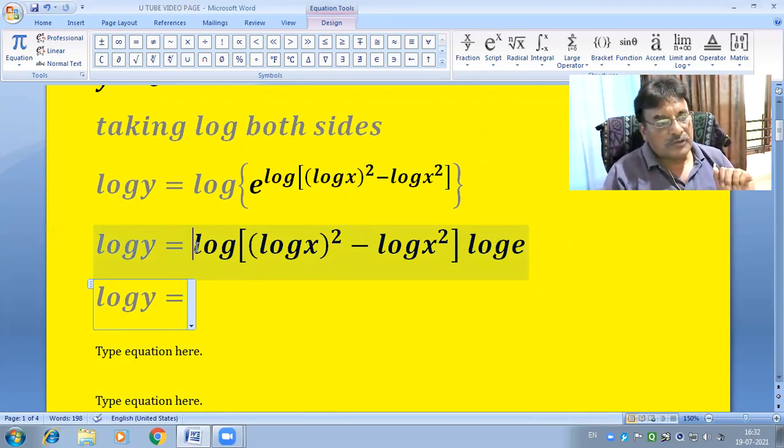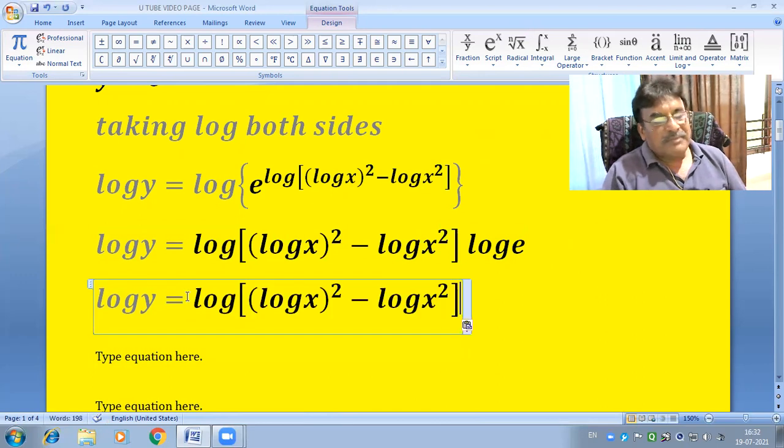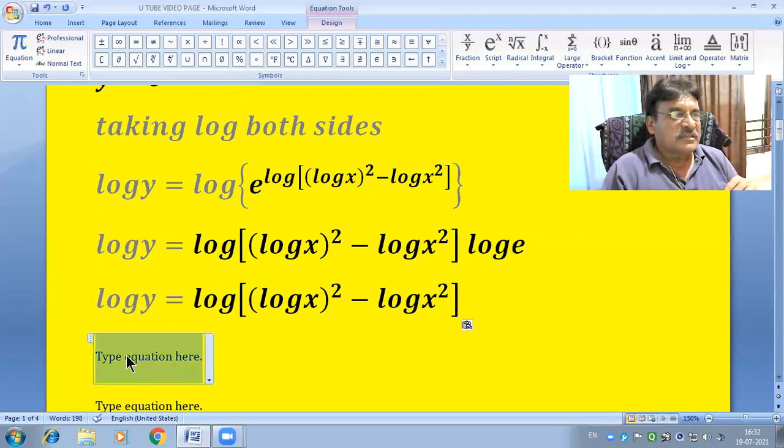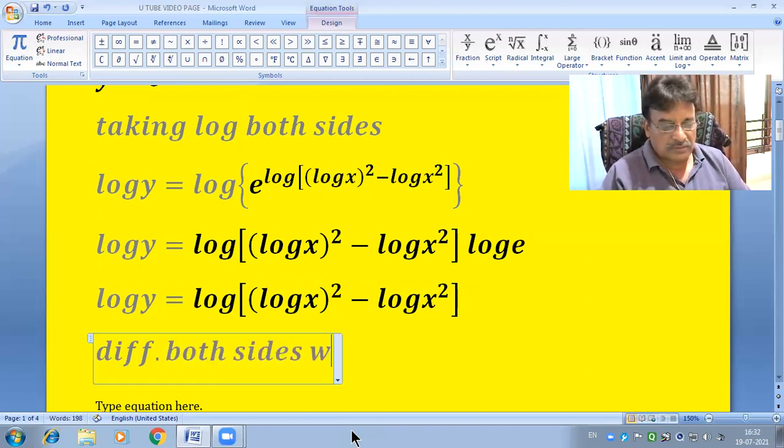So 1 into this function. So we get here log of in bracket (log x)² minus log x². That is, we simplify the given function with the help of the logarithm. Then differentiate both sides with respect to x.